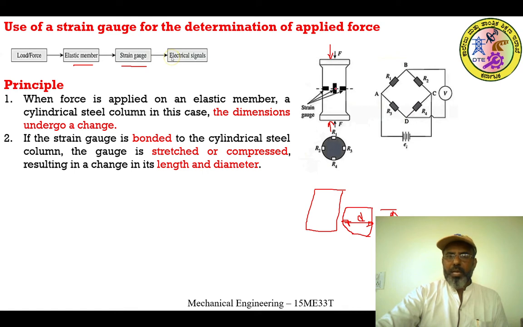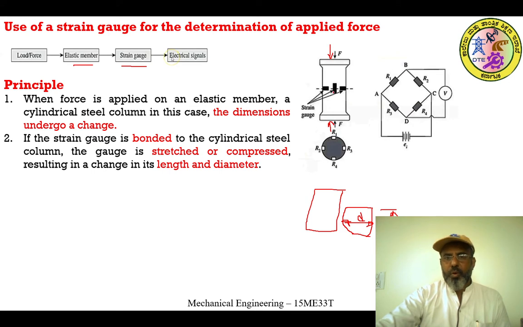If the column is subjected to compression, the strain gauges attached to the column also get strained, and since they are strained, their dimensions also change.